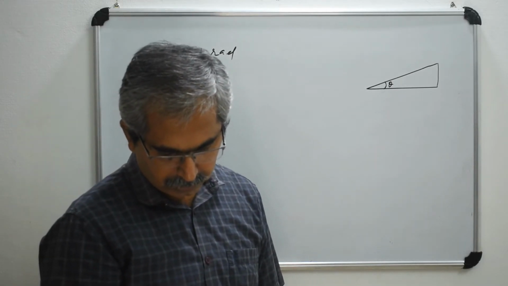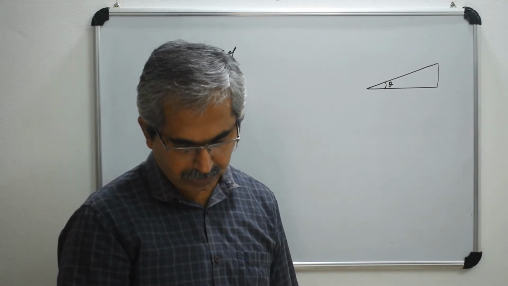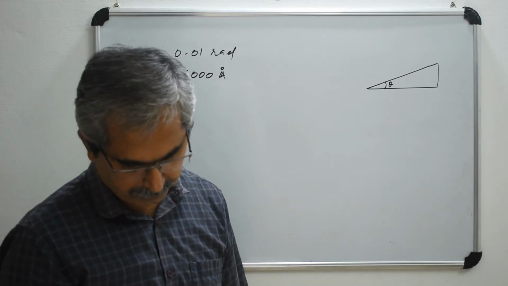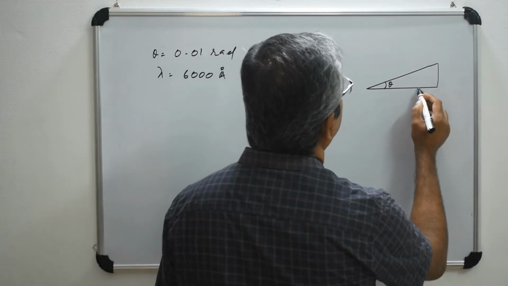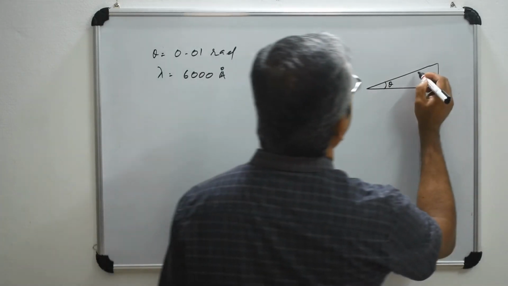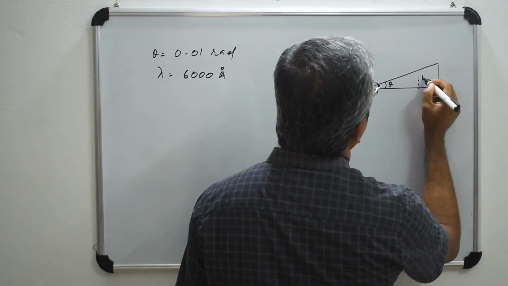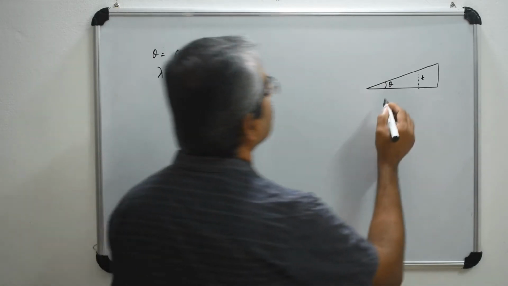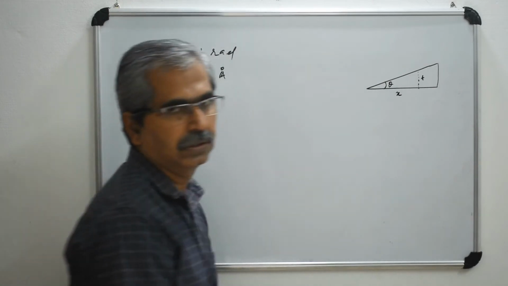Now the question is, at what distance from the edge of the wedge will the 10th fringe be observed by reflected light? Suppose the 10th fringe is observed at this particular point. At this point, suppose the thickness is equal to T. Now this distance is taken as x.